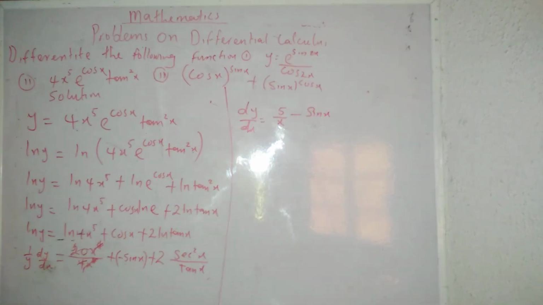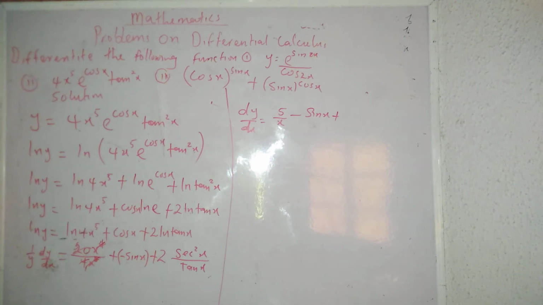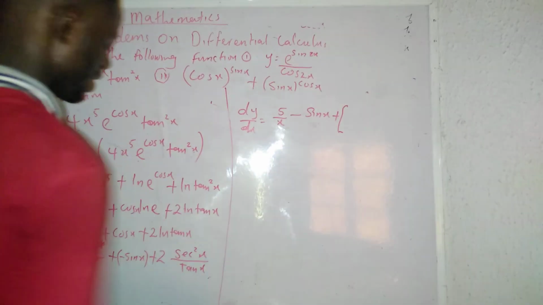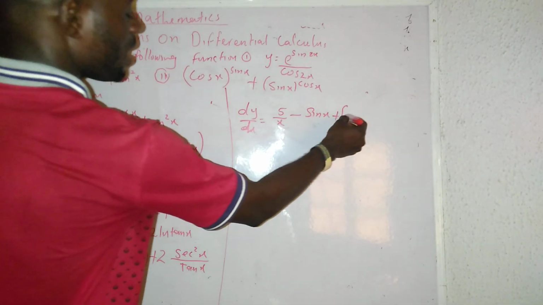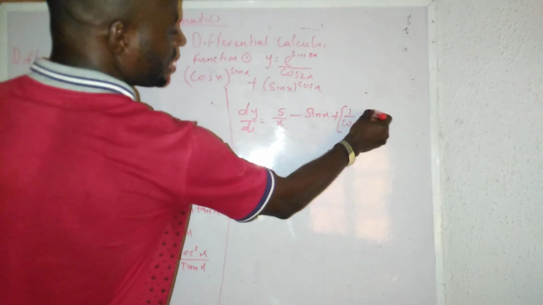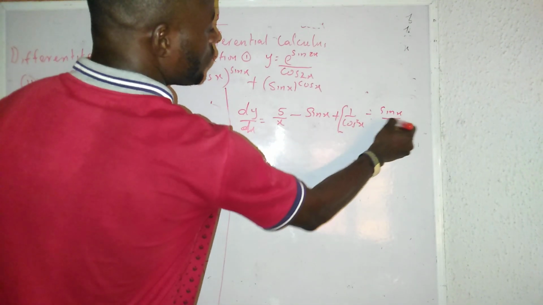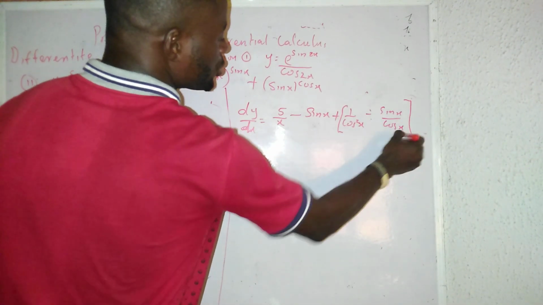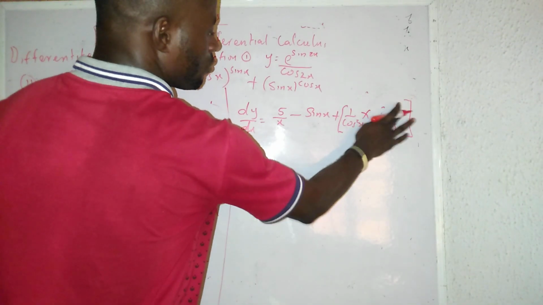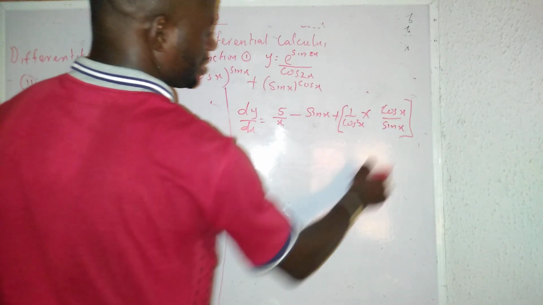Now, plus, sec^2 x I can express as 1 all over cos^2 x, divided by tan x, which is sine x all over cos x, so multiplied by cos x all over sine x.